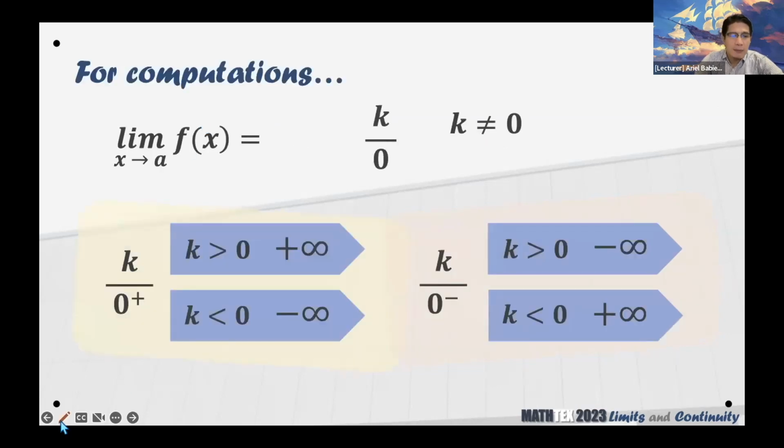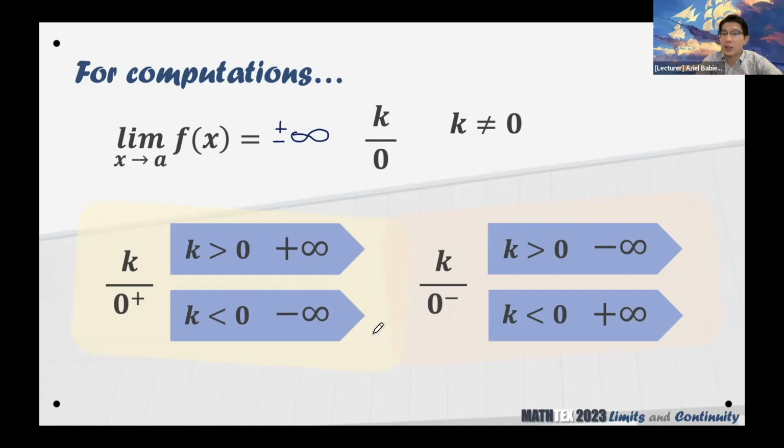But then of course, the problem is which of the two infinities? So kumbaga, again dito, it's either positive or negative infinity. Automatic yan. Whenever you get a non-zero constant over 0, the limit will either be positive or negative infinity.